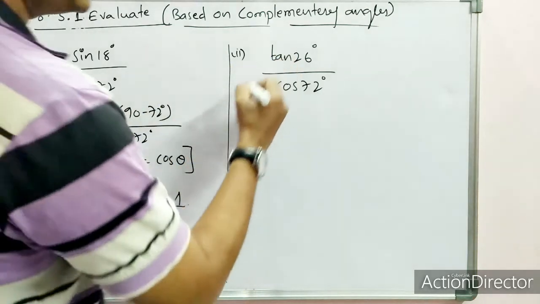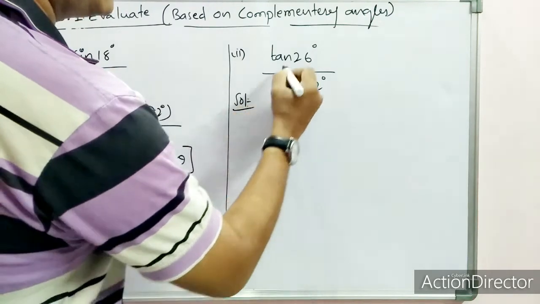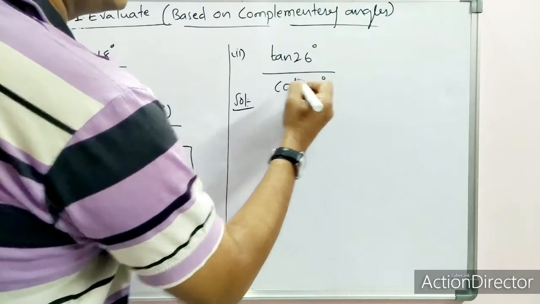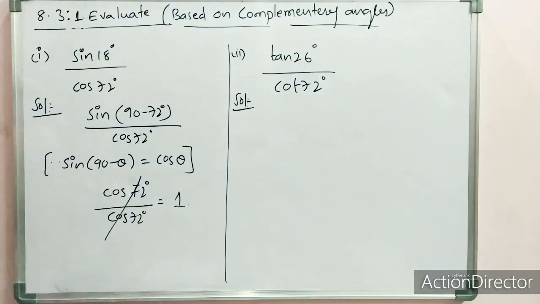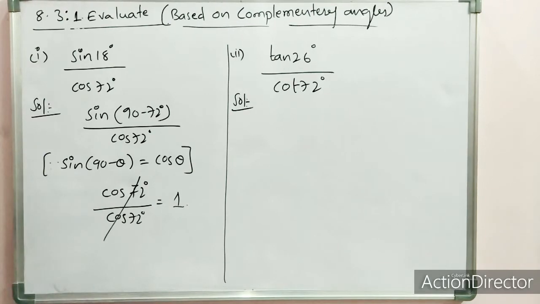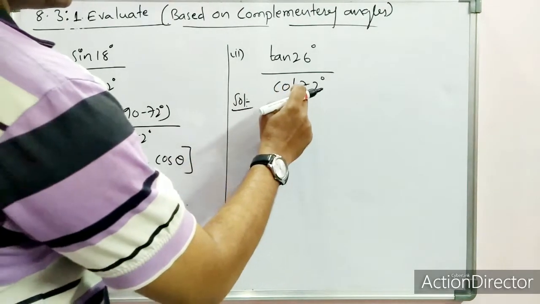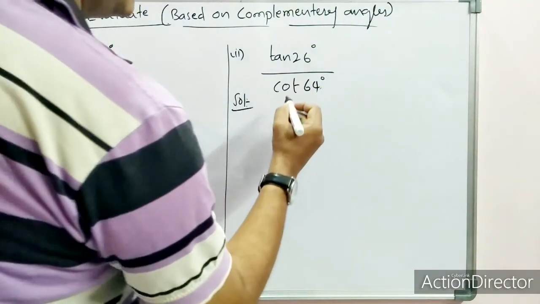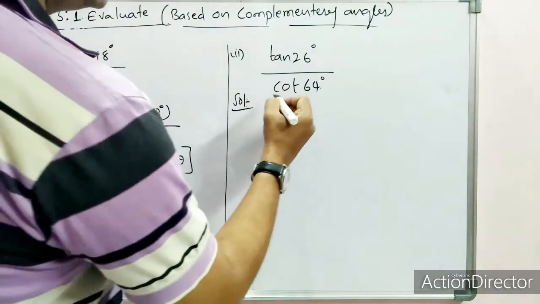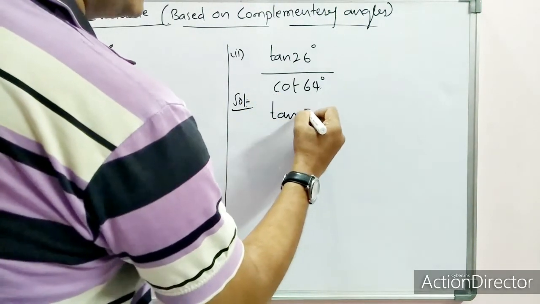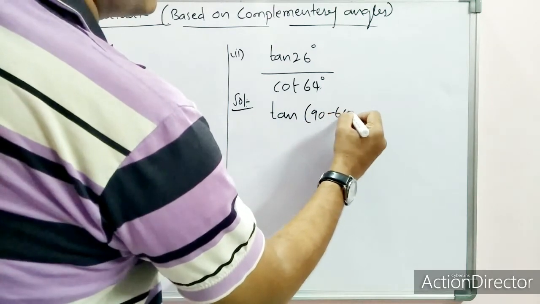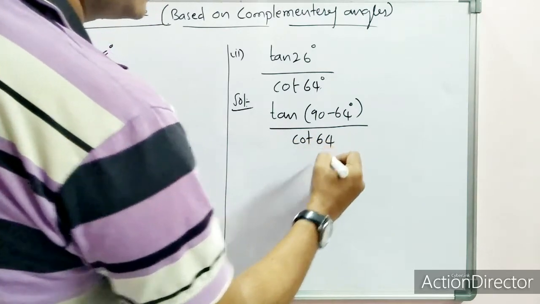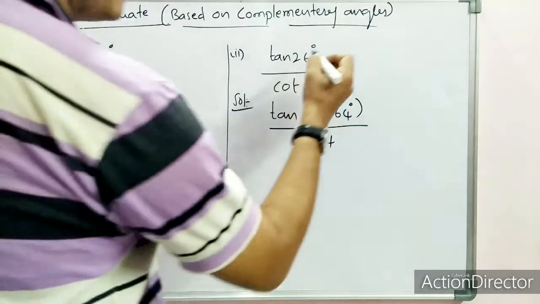Now the next question is tan 26 by cot 64. Now you see, I can write tan 26 as tan 90 minus 64, and the denominator you don't change, that is cot 64 as it is. In this type of question you change only one of the angles, not two angles.